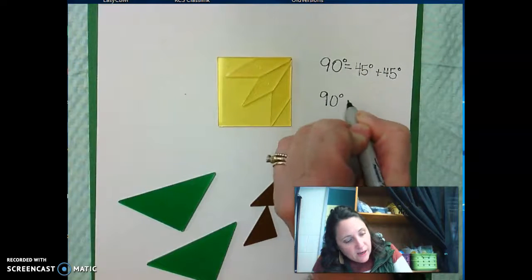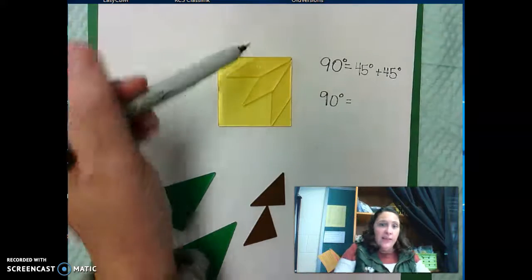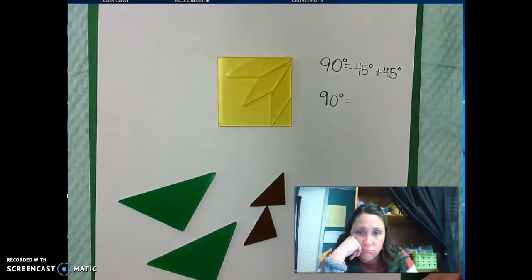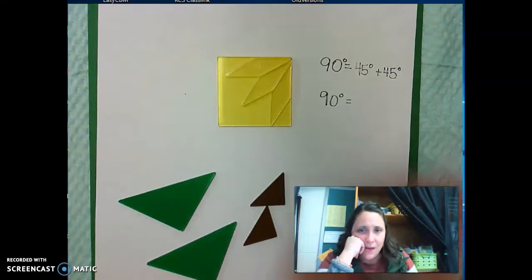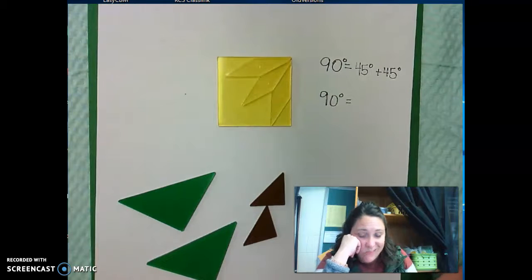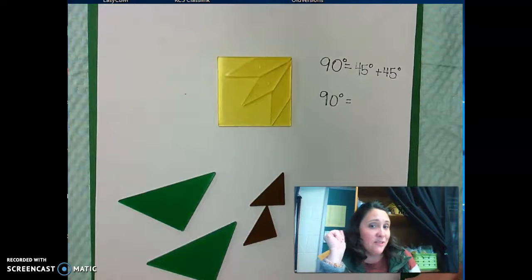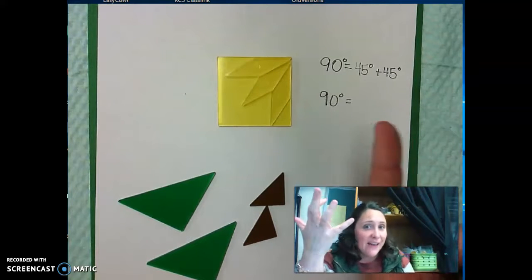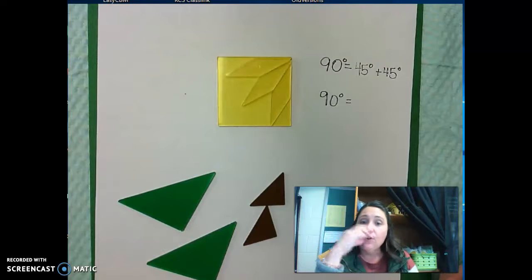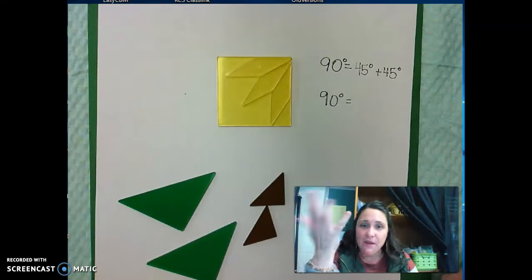So what does that already tell us? What is the measurement of each of these three angles? Well, again, they're the same size, they're the same shape. We know that they're going to equal a right angle or a 90-degree angle. Would I be adding three different numbers, or would I add three of the same numbers?